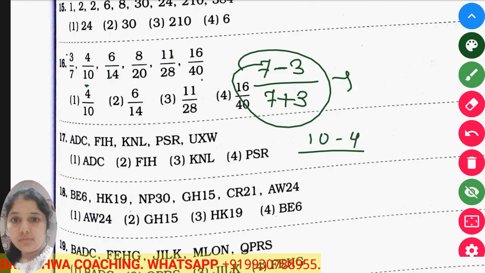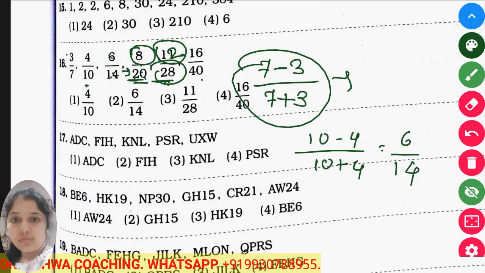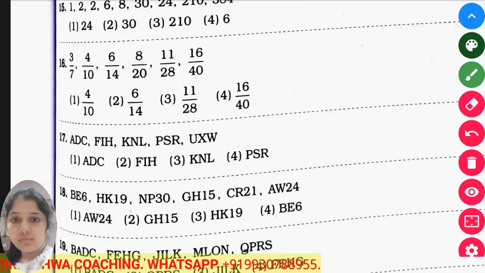Again 10 minus 4, 10 plus 4 gives us 6 upon 14. So 14 minus 6 gives us 8, 14 plus 6, 20. So again we got the next fraction in the series. Now when we subtract this 8 from 20, it should be 12 here, and it should be 28, which is correct here, but the 12 is not there, so the odd term is 11 upon 28.